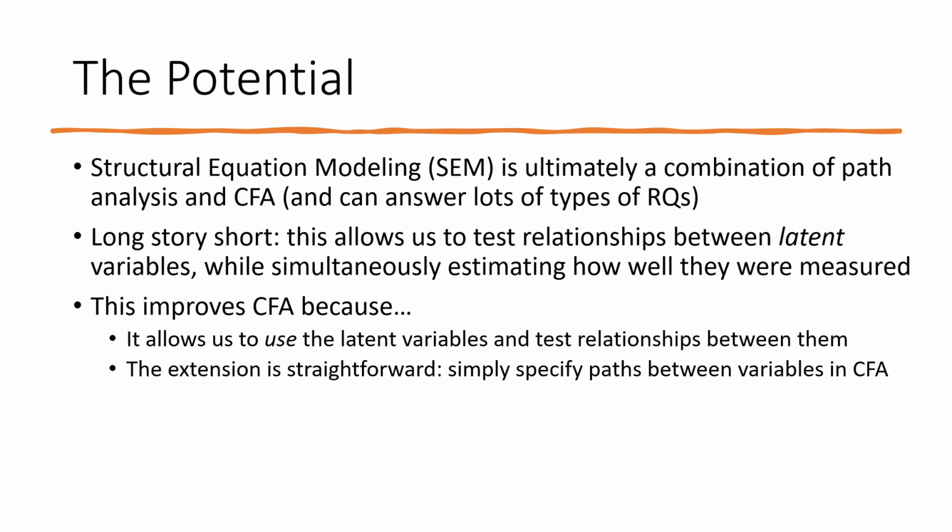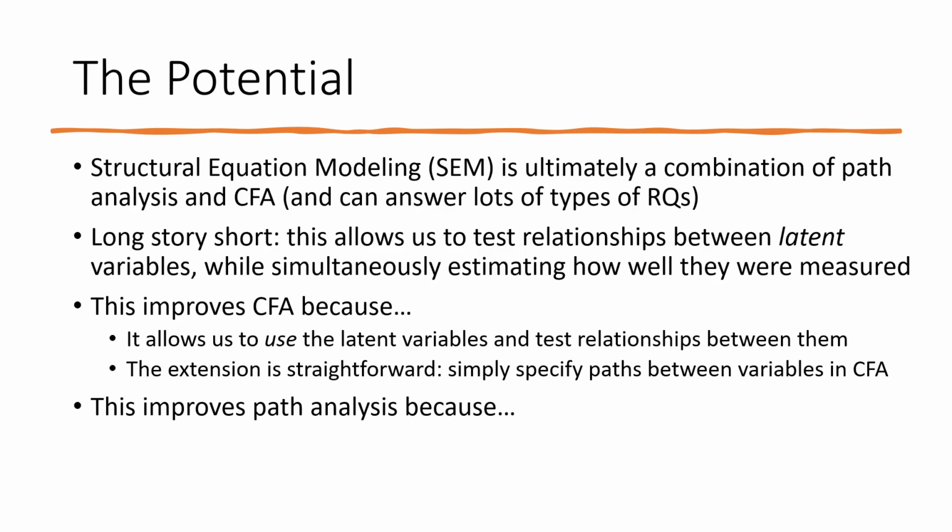We just start drawing directional arrows between these latent variables from the CFA to start saying, we believe A causes B, or A is the independent variable and B is the dependent variable. So we can start doing regressions pretty much straight from the CFA just by erasing the covariances we have between all of our latent variables and drawing directional arrows.